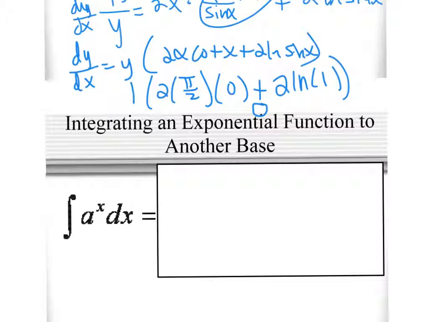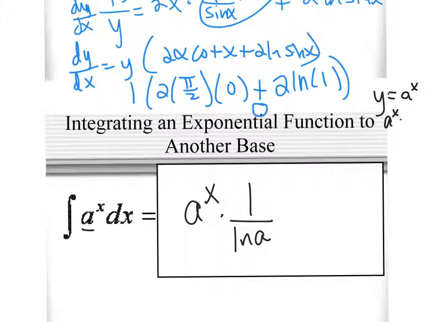So think about, instead of multiplying by ln of a, we need to do a to the x times 1 over ln of a. So remember, the derivative of a to the x was a to the x times the ln of a, right? So now we're undoing it with the integral. So a to the x times 1 over ln of a plus c.